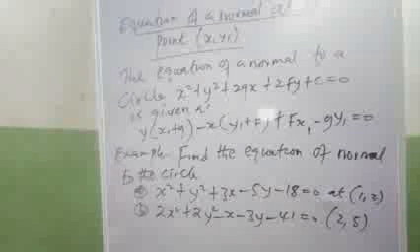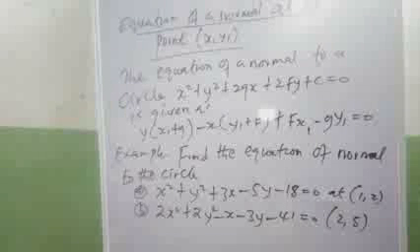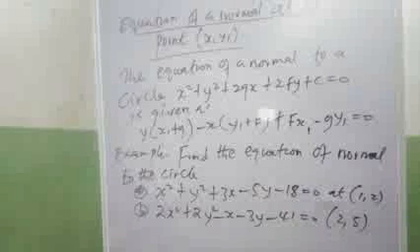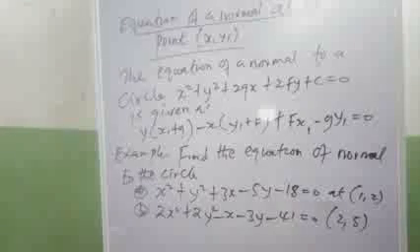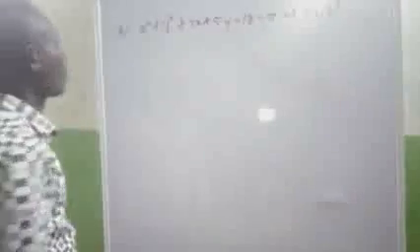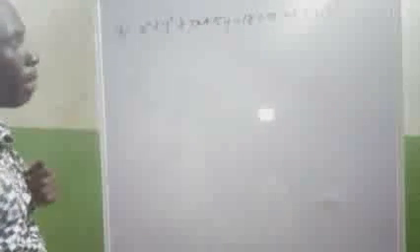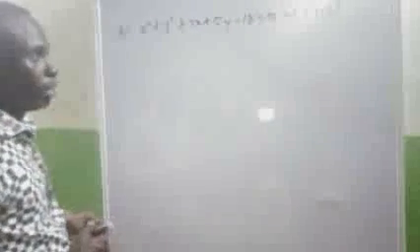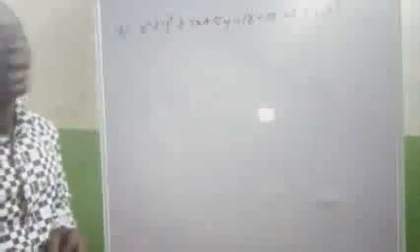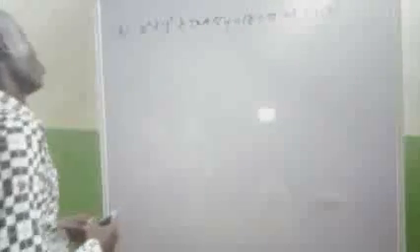Quickly write it down. Now the first question is x squared plus y squared plus 3x plus 5y minus 18 is equal to 0 at x1 is 1 and y1 is 2.